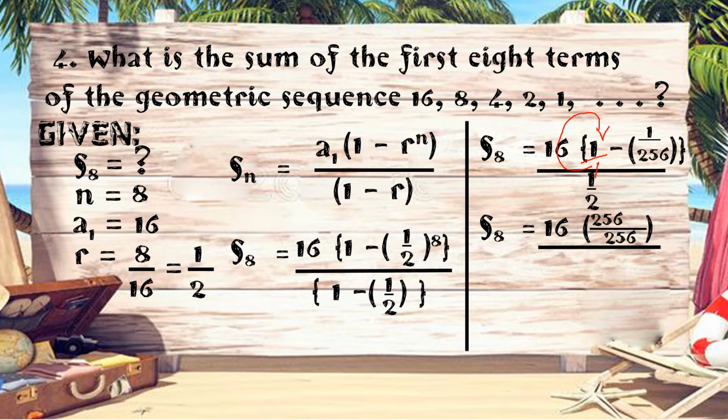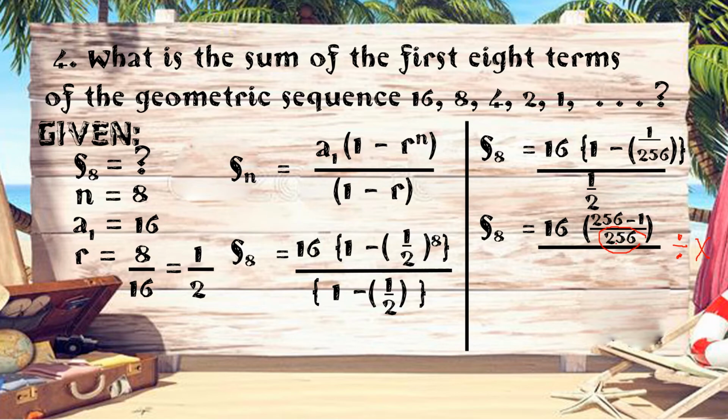Okay, dito naman, 256 divided by 256 is 1 times 1 ay 1 pa rin. Ulitin natin para mas maintindihan nyo. Ang LCD ng 1 at 256 is 256. And then divide, tapos times.